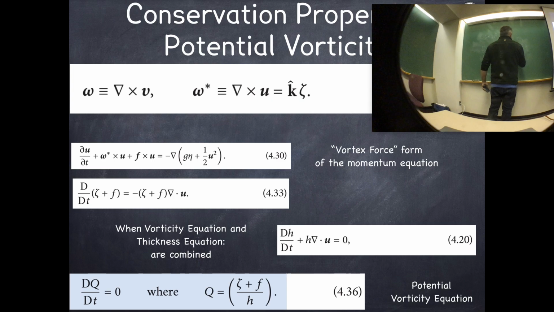In fact, maybe we'd like to cancel out this term with this term somehow if we could think of a way to do it. Does everybody see that? Because it would be really nice if we had something that was materially conserved, like salinity. Because the salinity marks the motion of the parcels as they move around. It would be really nice, like we spend a lot of time thinking about potential temperature to do that with the temperature equation. Now, it would be nice to do that with the vorticity equation. Okay, so here's the trick.